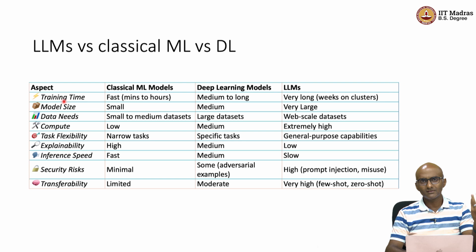If you look at training time, classical ML is really fast, right? Deep learning takes a bit longer. LLMs obviously is the longest, especially the pre-training module is super long, right? It takes weeks on GPU clusters. The model size itself is a significant variable. Classical ML is small, deep learning tends to be large, whereas LLMs are extremely large.